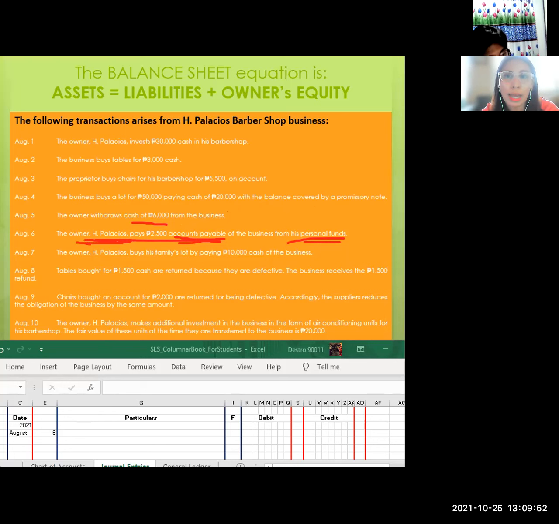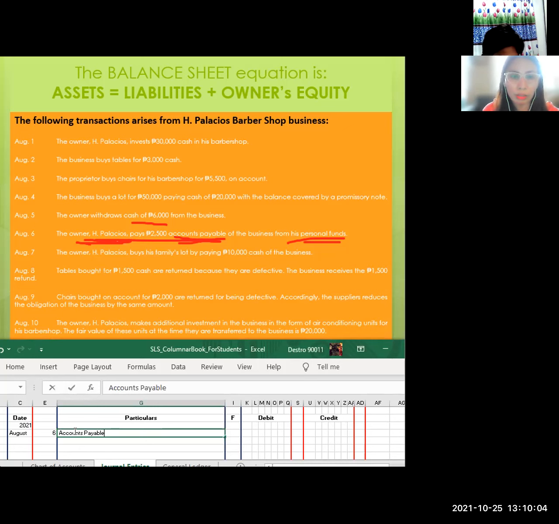So for this entry, we have debit, accounts payable, the amount of 2,500. So yung red column here, beside the debit amount will be the centavos.